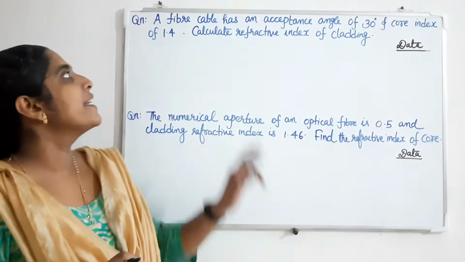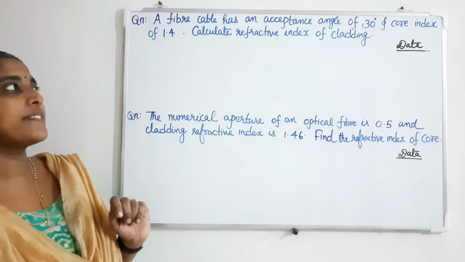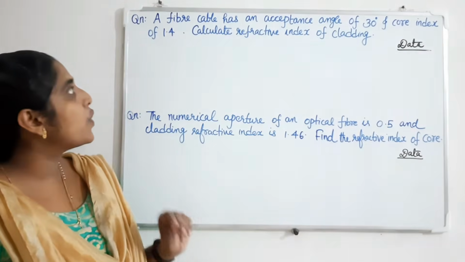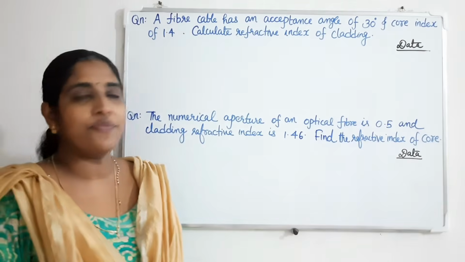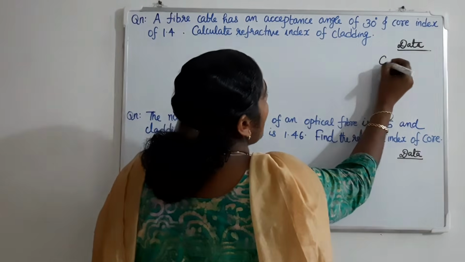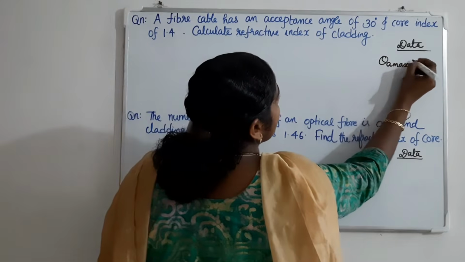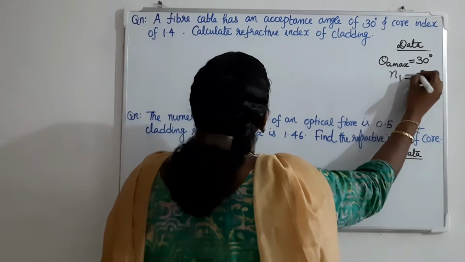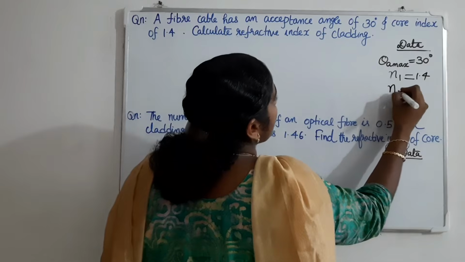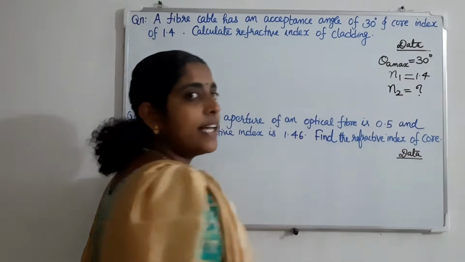See the next question. A fiber cable has an acceptance angle of 30 degree and core index of 1.4. Calculate a refractive index of cladding. So here the acceptance angle is given as 30 degree and core index, that is n1 is equal to 1.4. We have to find out the refractive index of cladding, that is n2.